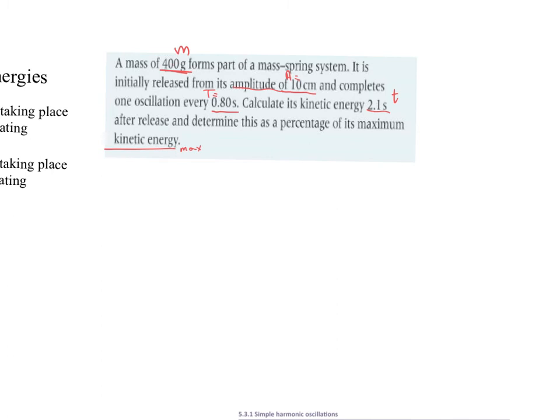The only equation that I can use that involves time is the displacement equation. We saw that the velocity one is given by omega, square root of a squared minus x squared. And we also know acceleration is given as minus omega squared x.